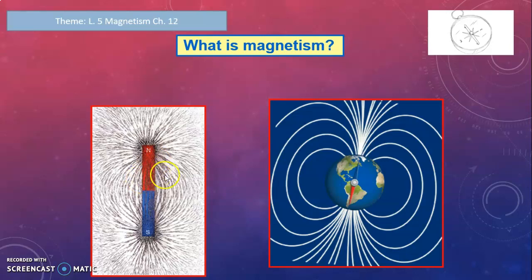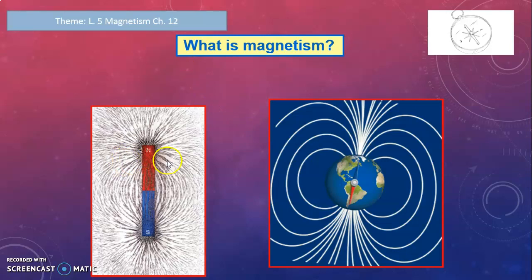Magnetism is the ability of an object to push or pull another object that has the magnetic property. Magnets will also apply forces. También los magnetos, los imanes, tienen propiedades de fuerzas para atraer a ciertos metales, such as iron or nickel.